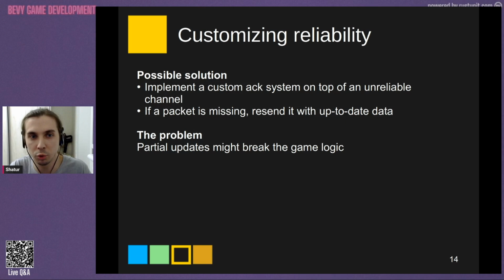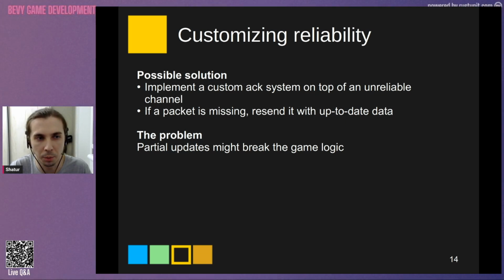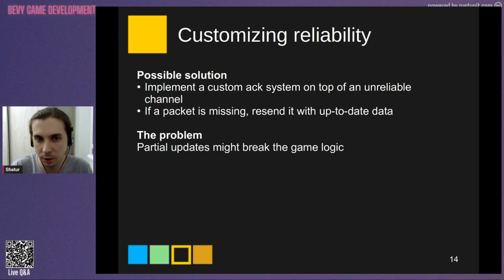Possible solution would be to just use unreliable channel and implement custom unreliability on top of it. If a packet is missing, we can just resend with up-to-date data, instead of resending the old value. But the problem is that partial updates might break the game logic.